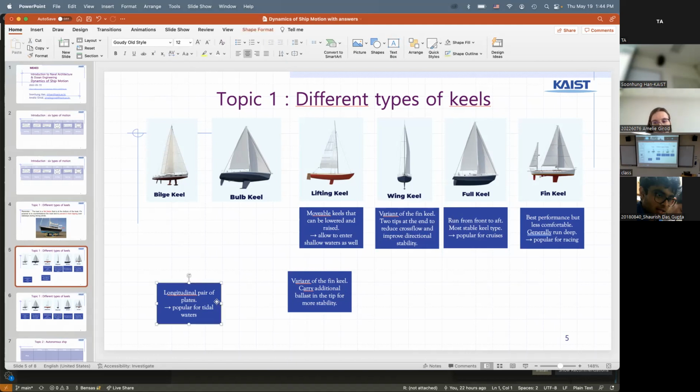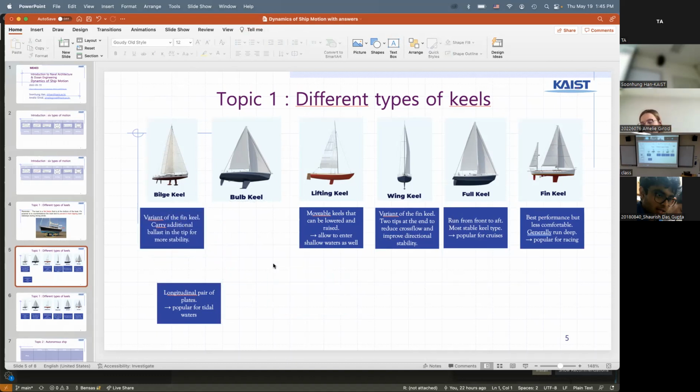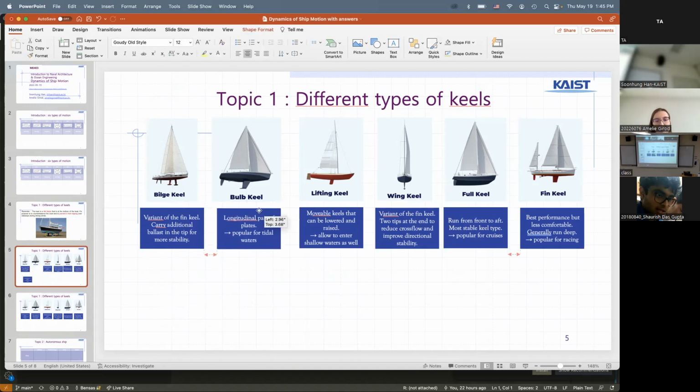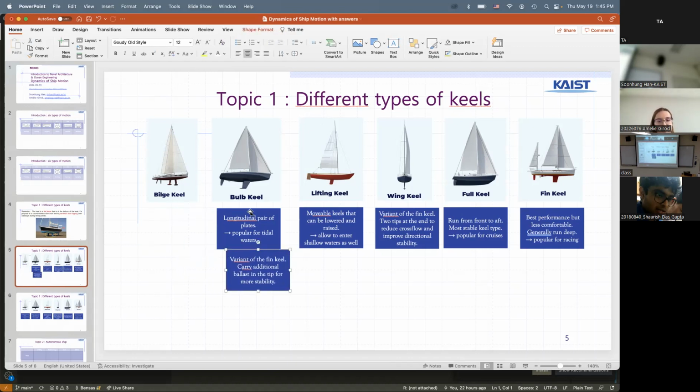The bilge keel, the first one, is connected with the right hand side. The very often keel carries additional ballast. Okay. So this one should go here. Does everyone agree? Well, maybe the bulb keel can be the one with the ballast. Yeah, actually, this is more correct this way.